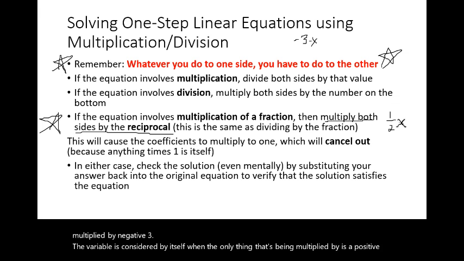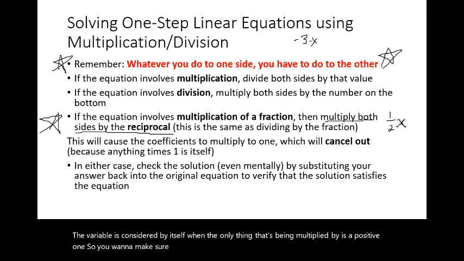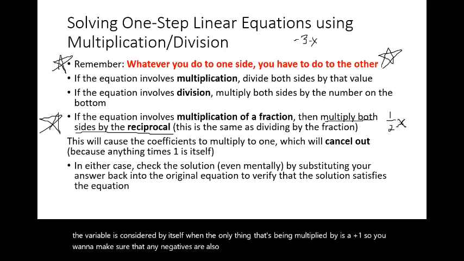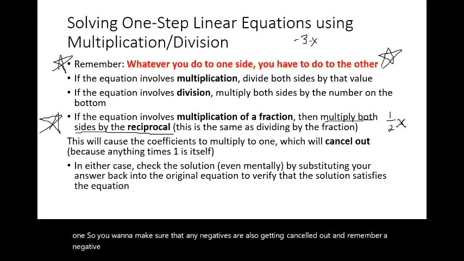So you want to make sure that any negatives are also getting canceled out. And remember, a negative divided by a negative is a positive, and a negative times a negative is also a positive. So that's how you turn negatives into positives.